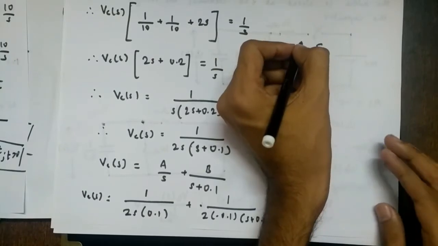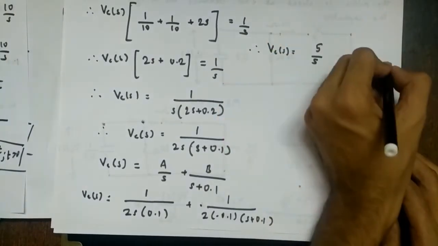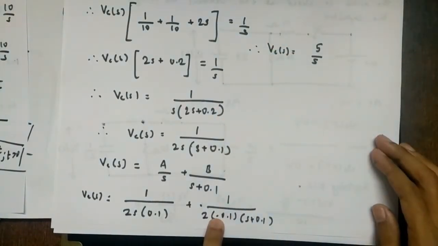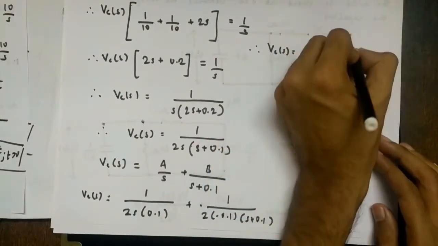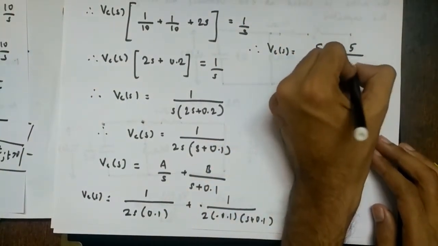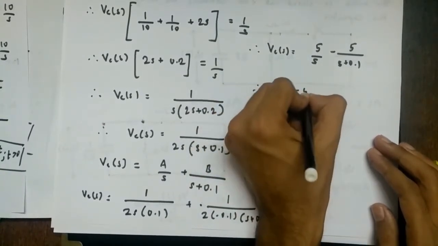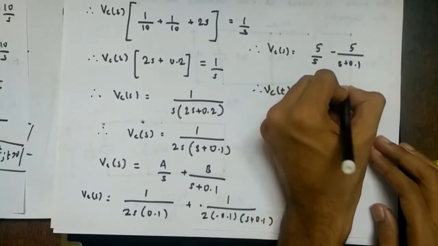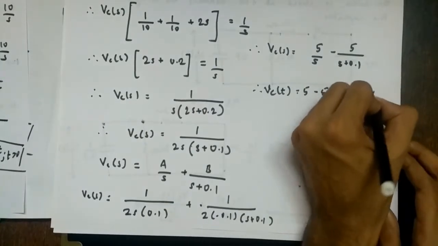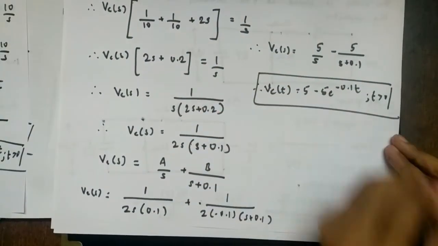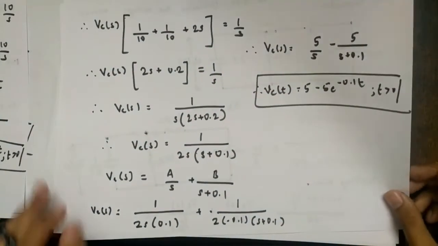So 5 upon S. So this will be also minus 5 if you calculate, right? So minus 5 upon S plus 0.1. So taking inverse Laplace transform, it will be 5 minus 5 e raised to minus 0.1 t for t greater than 0, right? Quite simple.